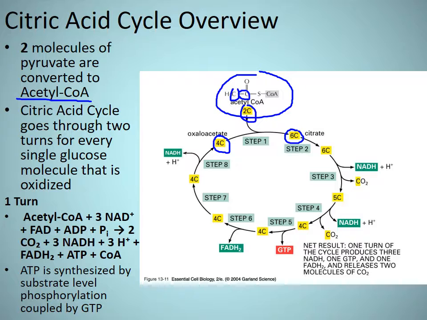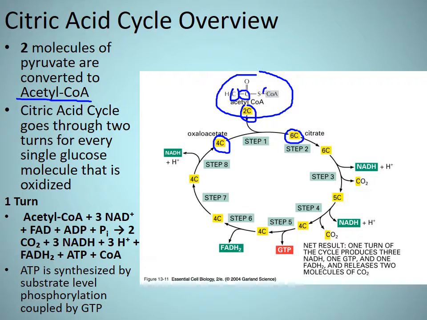Citrate synthase is the enzyme that will start the overall process. It takes the two-carbon molecule acetyl-CoA and oxaloacetate, the 4-carbon molecule, and produces a 6-carbon molecule known as citrate. The beginning enzyme here is citrate synthase.